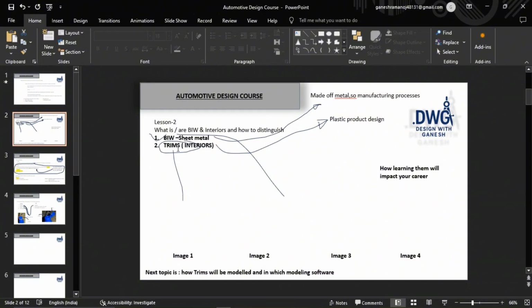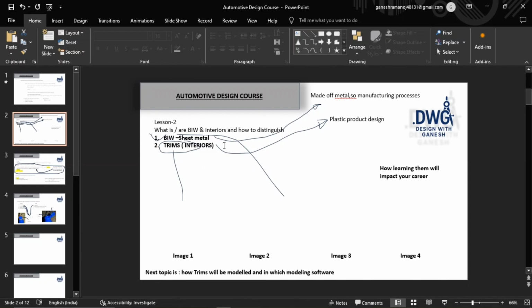Trims are plastic parts made using the injection molding process. The same process I cannot use for BAW because it is metal. Compared to trims, sheet metal parts are very thin; the thickness is very small. So injection molding, casting or any other manufacturing process is not suitable except the stamping process.